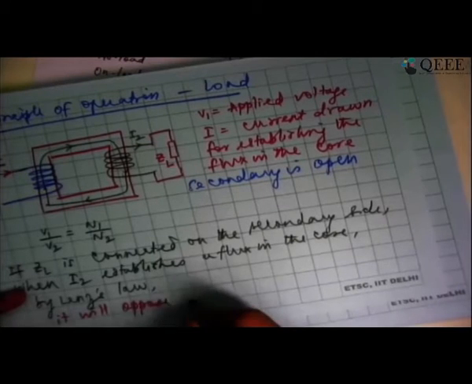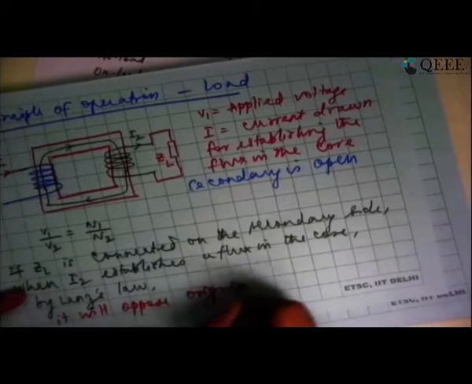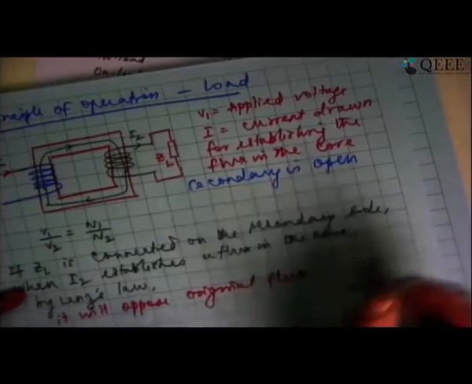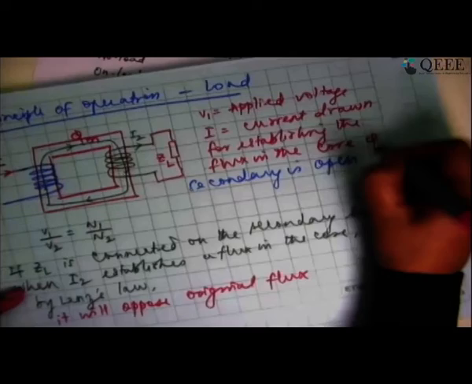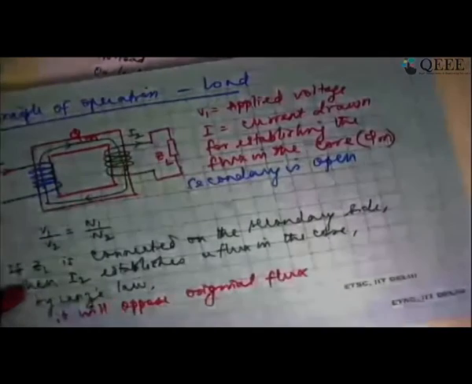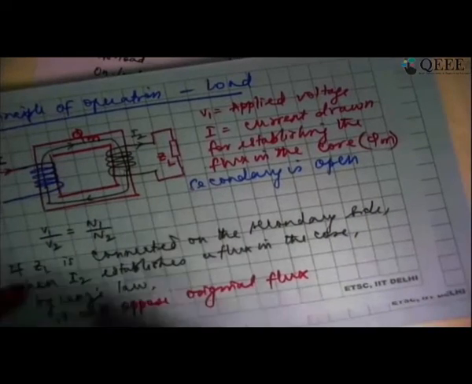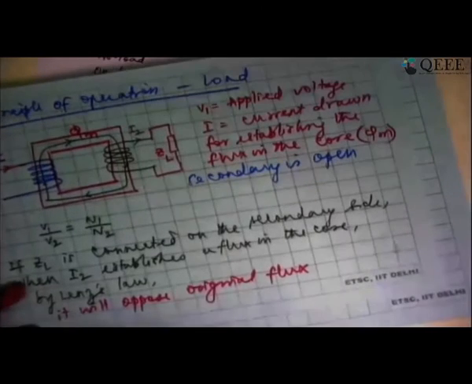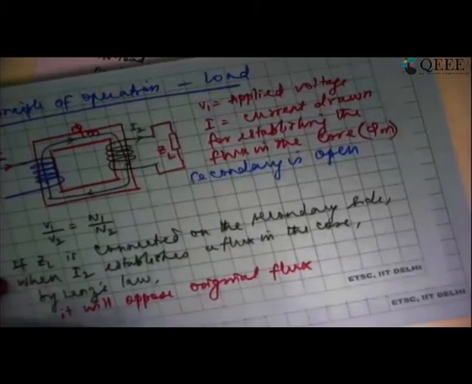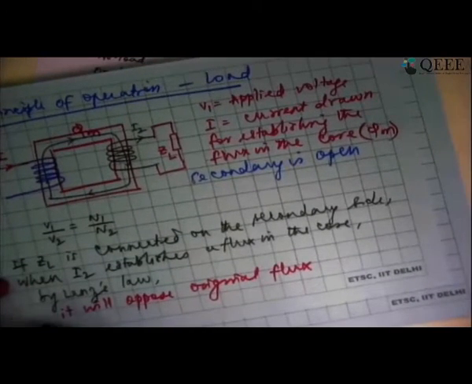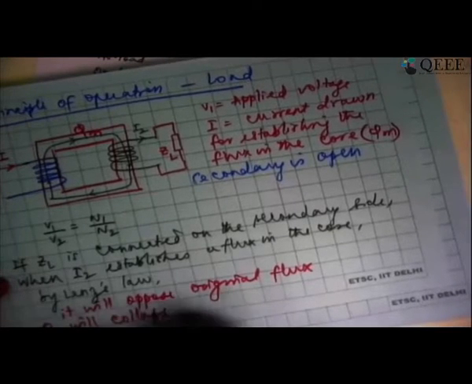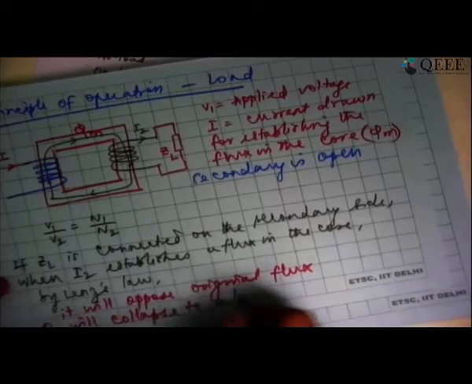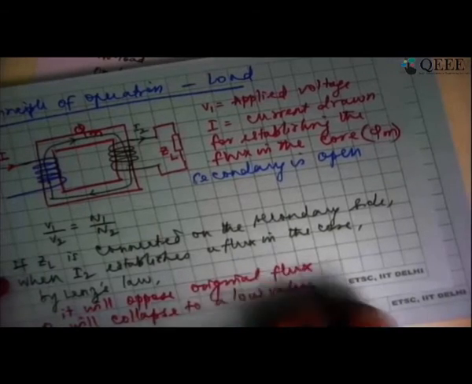So if I call the original flux φm, now φm is going to be opposed by the new flux that is being set up by I2. So immediately the reaction will be that φm will collapse to a low value. Instantaneously it will collapse to a low value.